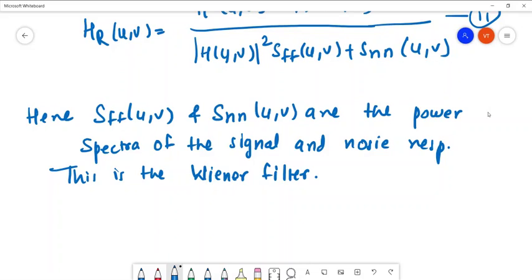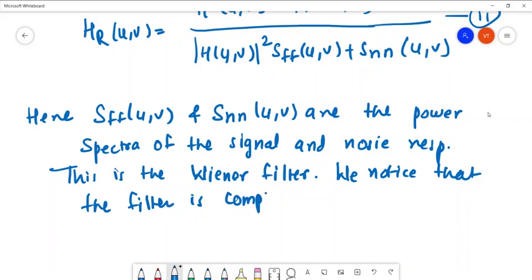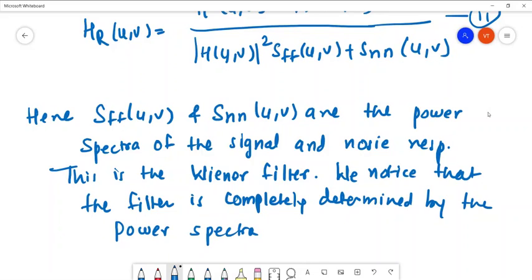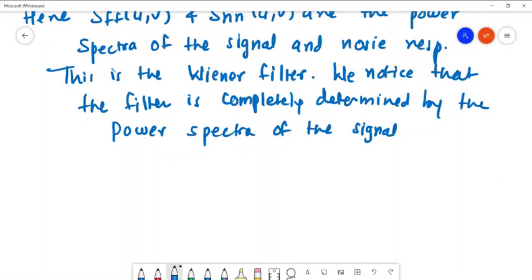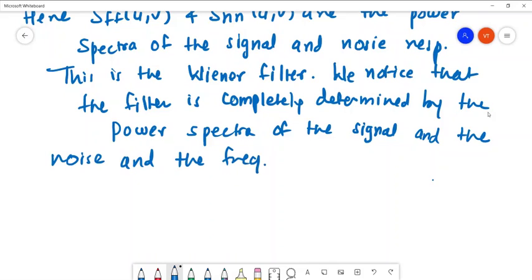Okay, so we notice that the filter is completely determined by the power spectra of the signal and the noise and the frequency response of the imaging systems.